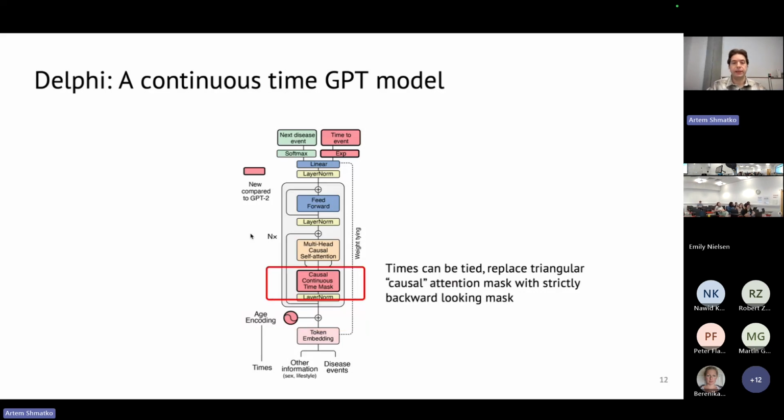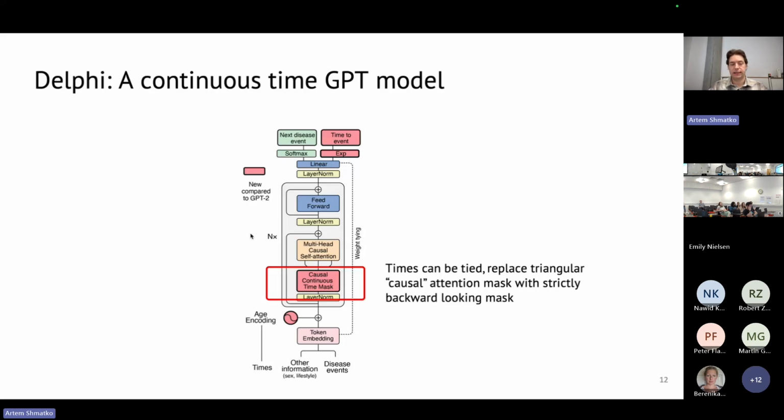And then we also modify the so-called causal attention mask that makes the transformer look only backward when predicting the next token, which means that it just reasonably shouldn't use the data from the future to predict the current event.